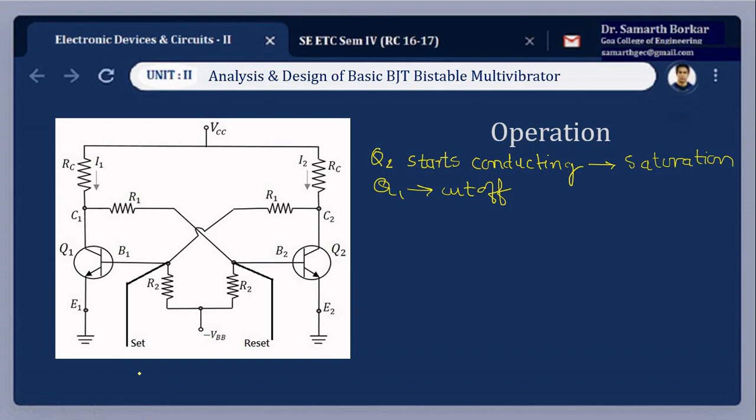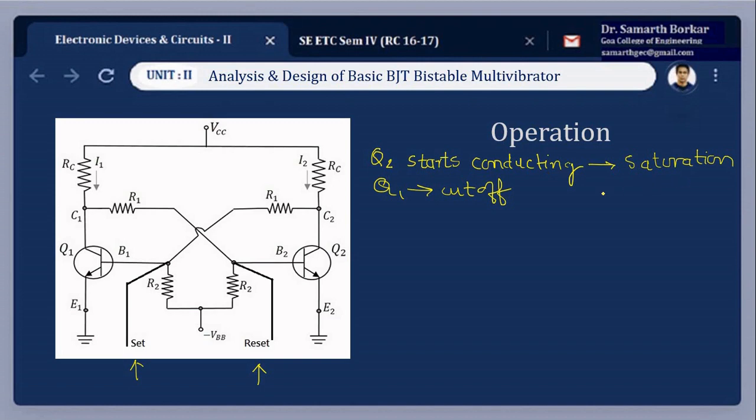You can see here there is a set terminal and there is a reset terminal. By applying a proper pulse at these two positions, we can change the state. As of now, one stable state is transistor Q1 cut off and transistor Q2 conducting, that is, in saturation.